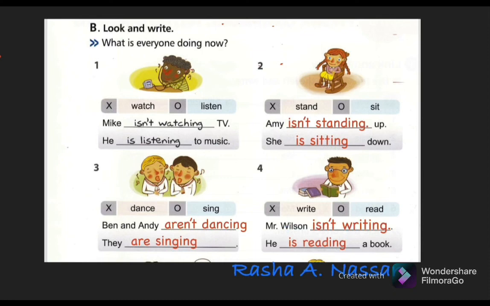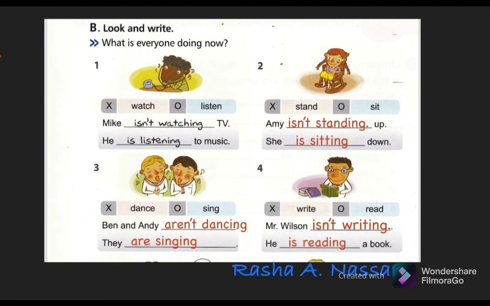Very good. So let's read the examples together again. Mike isn't watching TV. And of course, isn't watching. Very good. He is listening to music. Number 2. What isn't she doing? Amy isn't standing up. And what is she doing? She is sitting down.